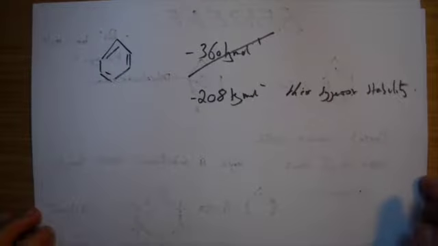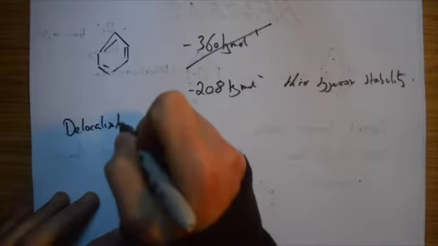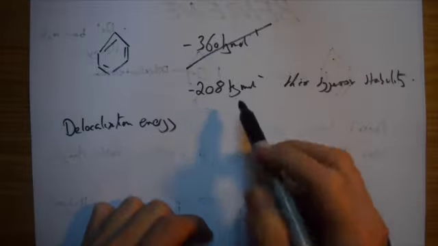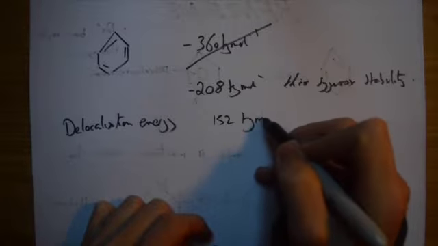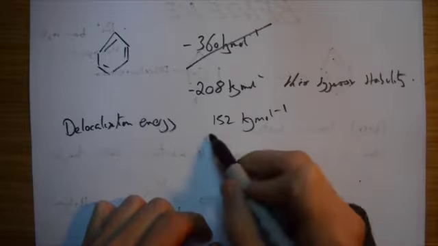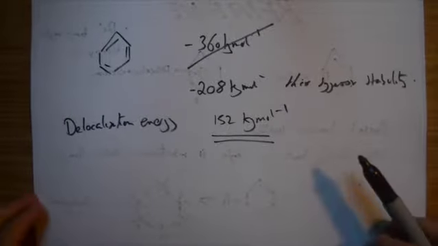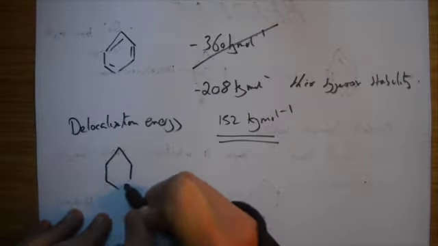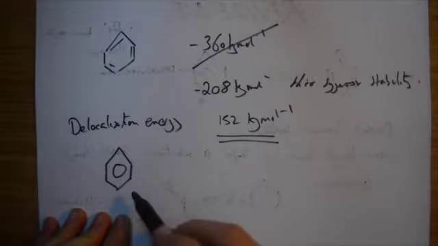Now, a term you should know for the exam is delocalization energy, which is basically the difference between 360 and 208, which is 152 kilojoules per mole. So this proves that benzene is more stable than it should be, which proves benzene has a pi-electron system of delocalized electrons in the middle.